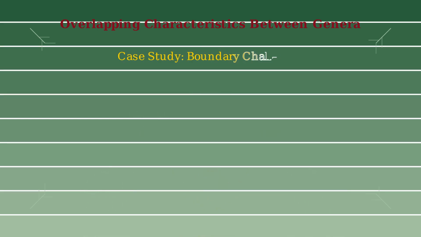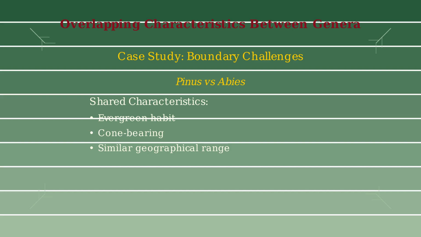Let's examine a specific case study where the boundaries between genera are particularly challenging. Pine trees, Pinus, and fir trees, Abies, are two conifer genera that share many characteristics and can be difficult to distinguish. Both pines and firs are evergreen cone-bearing trees with similar geographical ranges. To distinguish them, taxonomists must examine specific traits like needle arrangement, cone orientation, and cone persistence.